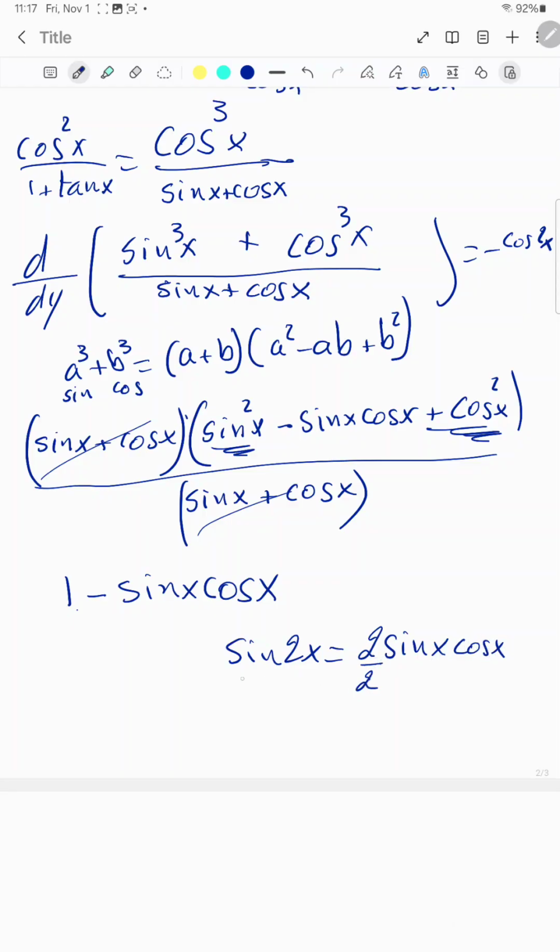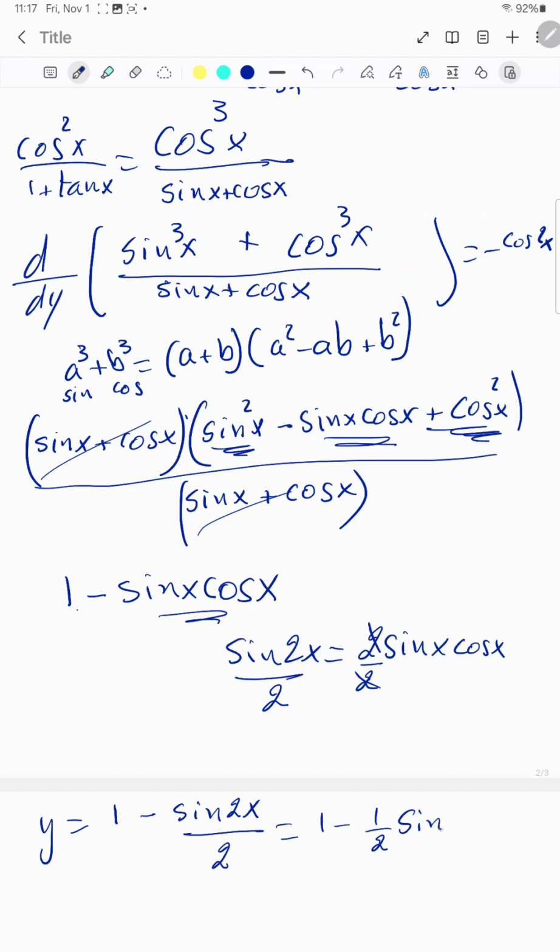So if I divide here by 2 and here by 2, my sine x cosine x is equal to sine 2x divided by 2. So I can replace it by sine 2x divided by 2. So my function, my y, equals 1 minus sine 2x divided by 2. And if I want to have it another way, it is equal to 1 minus 1/2 sine 2x.